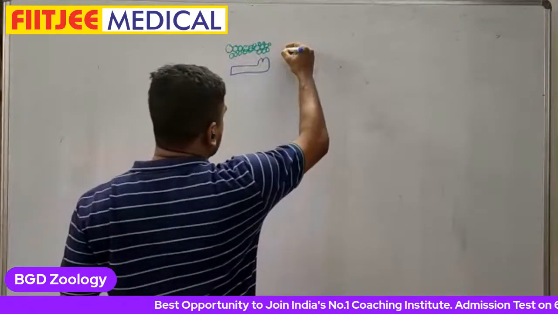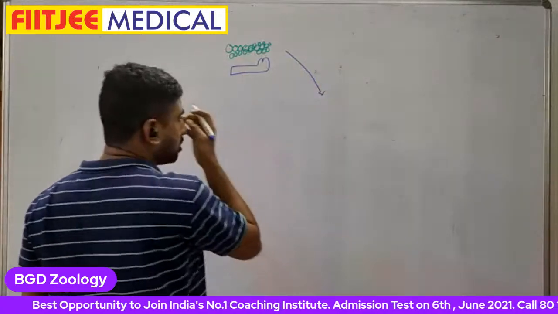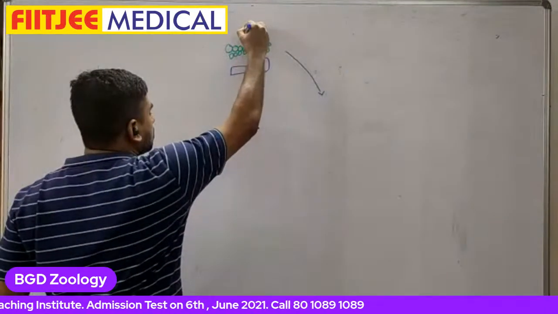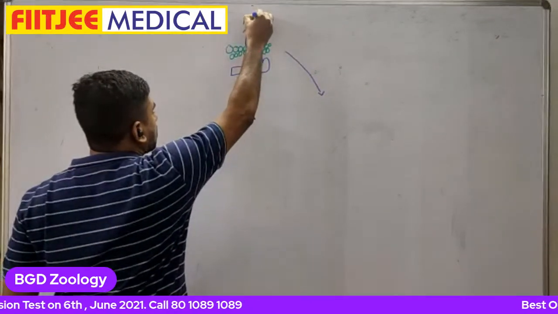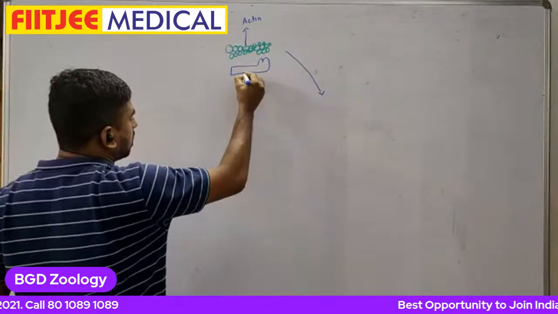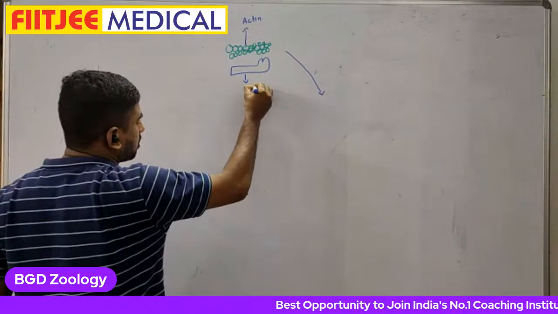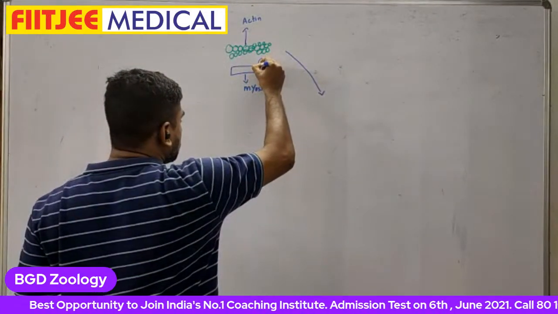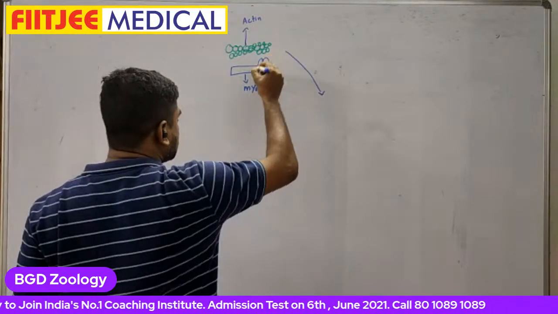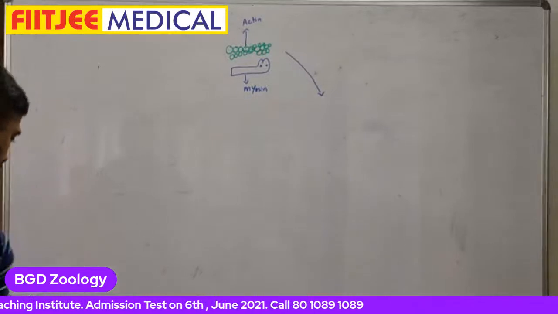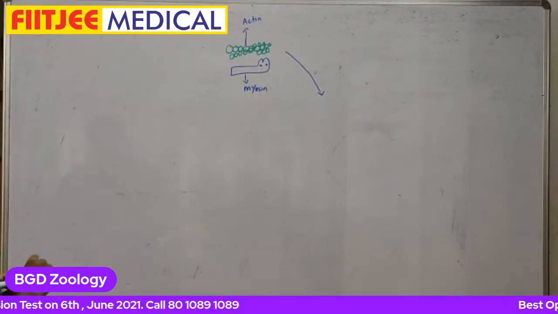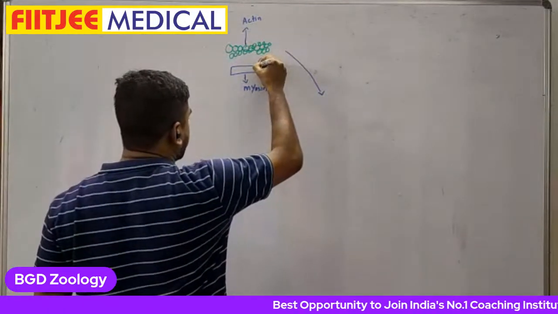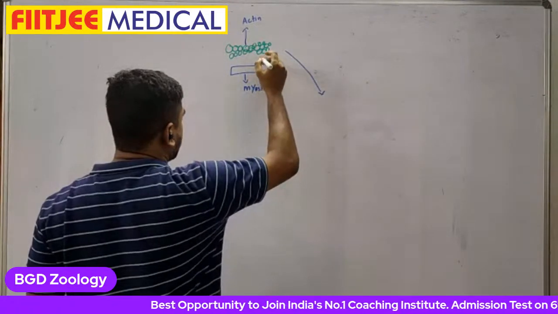So listen very clearly. This is the actin, and this is myosin. Now there is a binding site for the ATP as well as the actin. And I told you very clearly, this is the ATP binding site and this is the actin binding site.